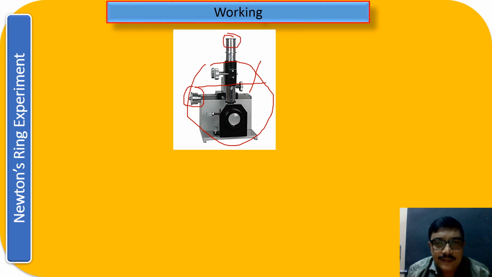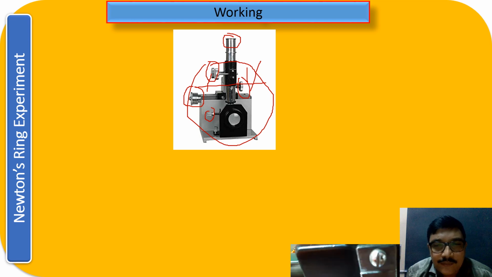This is the rack and pinion screw. Now you can see two screws here. These two screws, screw number 1 and screw number 2, we use for focusing, and here you can see the reflector, right? Okay, now we shall move further.